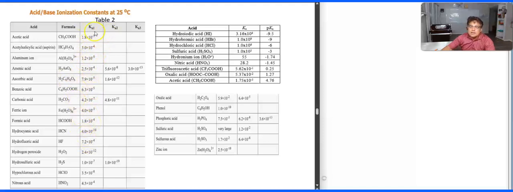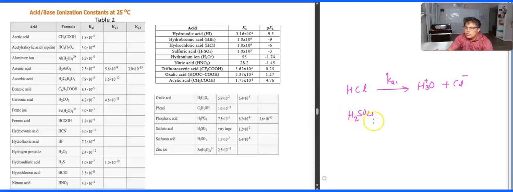But some have more than one Ka. Look at that, HCl: let's dissociate that. It dissociates and becomes H3O plus and Cl minus, with a single Ka. But H2SO4 dissociates and becomes HSO4 minus plus H3O plus.